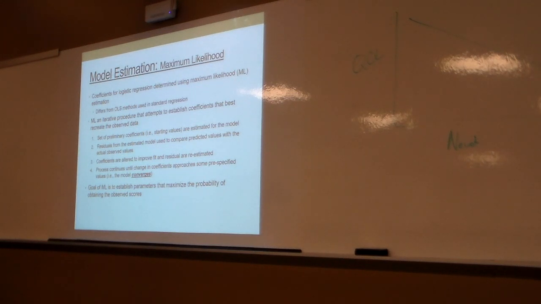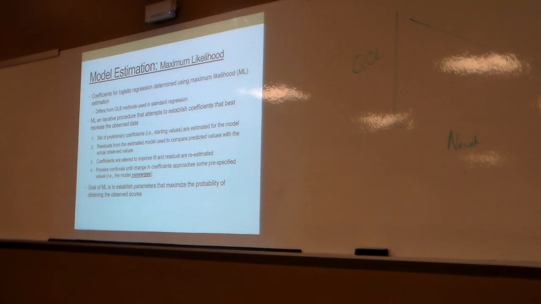But based on that discrepancy, we tweak the coefficients, adjust them a little bit, and run the model again, and maybe we're a little bit closer. Then we do this over and over again until our tweaking starts to produce less and less of an improvement. When changes in our model make very minimal improvements in our outcomes, we would say that our model has converged.